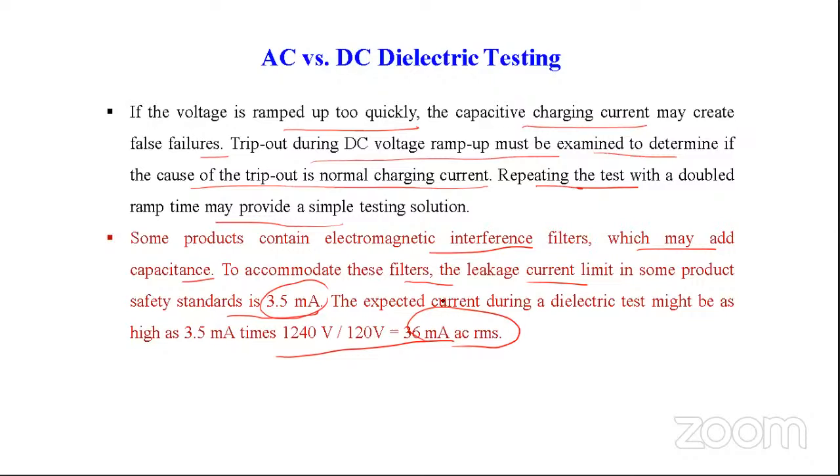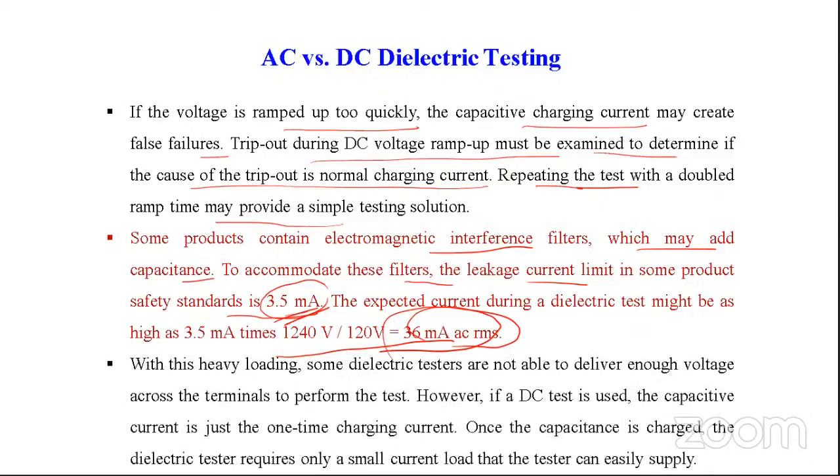If you perform the test with DC test voltage, the current is only 3.5 milliampere, but if you perform the test with AC, the current rises up to 36 milliampere. Okay. So with this heavy loading due to more charging current in case of AC, some dielectric testers are not able to deliver enough voltage across the terminals to perform this test.